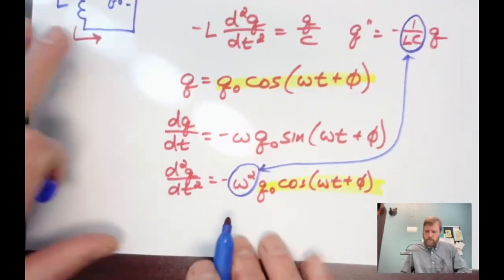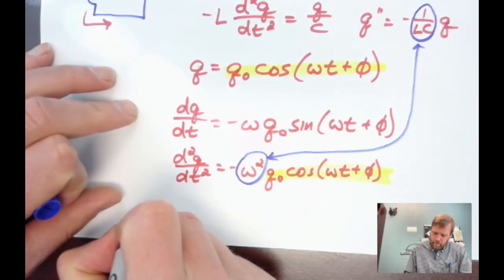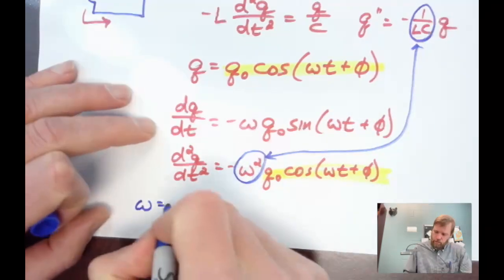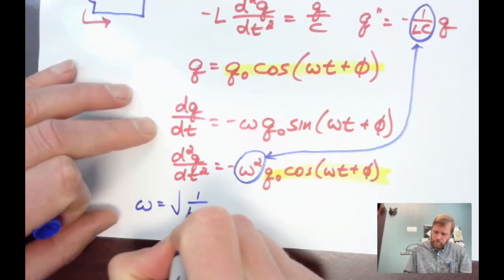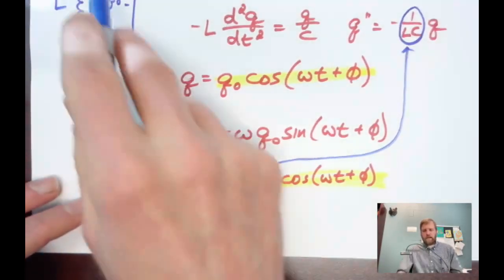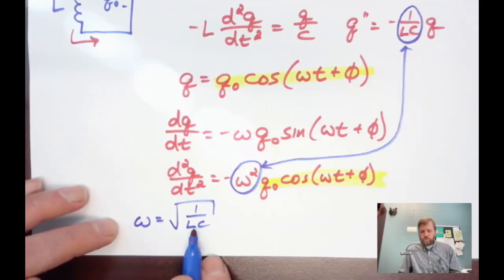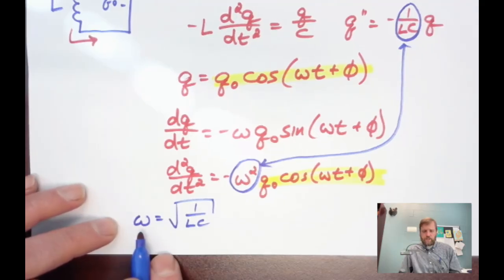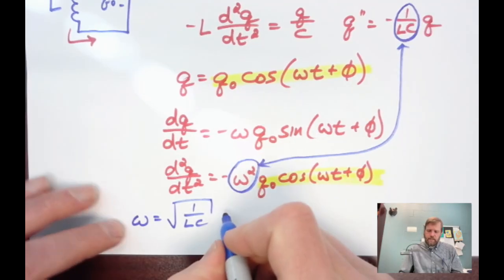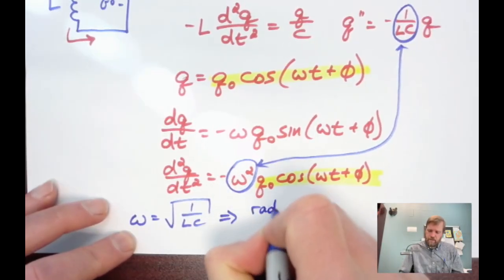So the time constant, omega, in this case, or the angular frequency, is equal to the square root of 1 over LC. So this is going to oscillate with an angular frequency of 1 over the square root of LC. Now let me just remind you about this angular frequency. This is in units of radians per second.